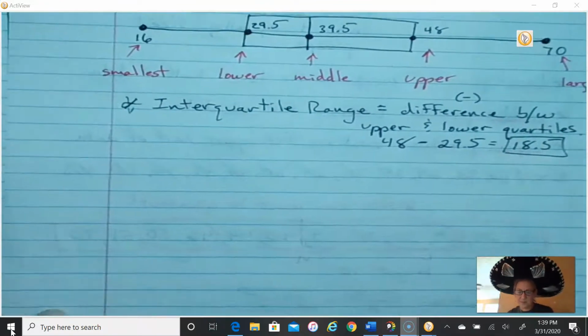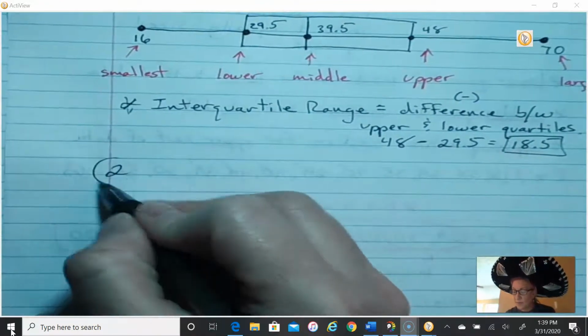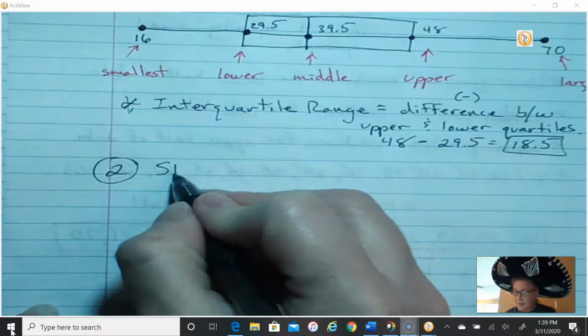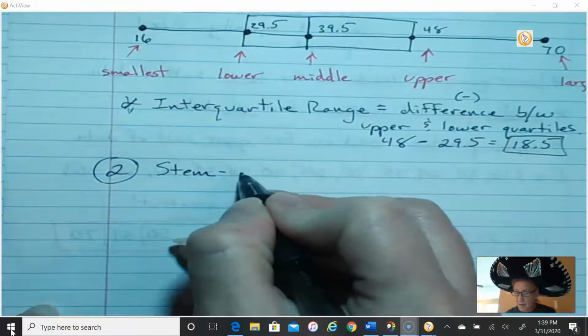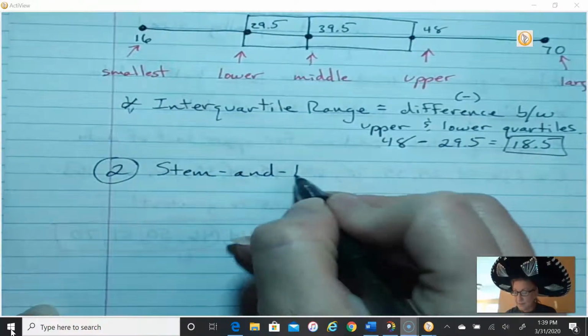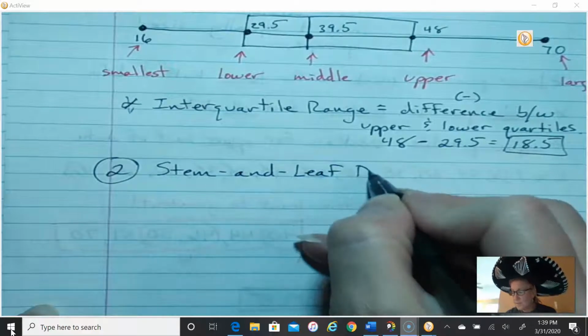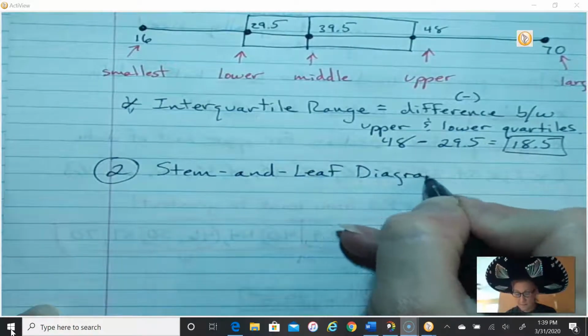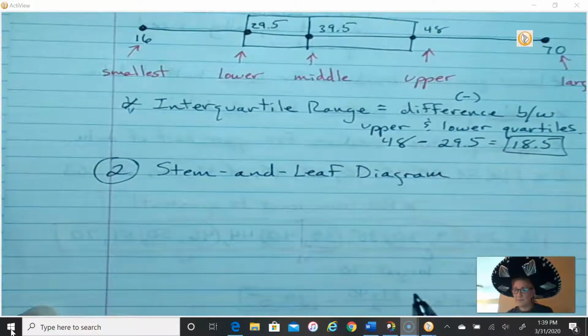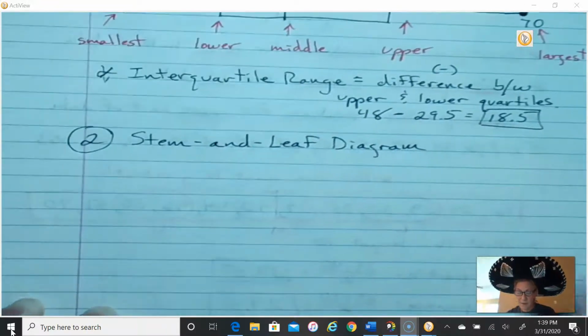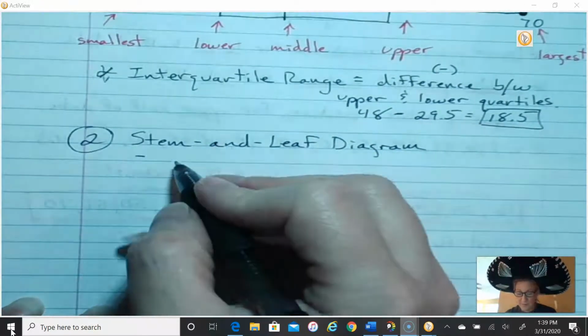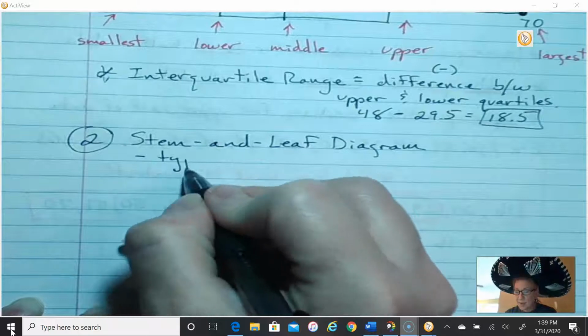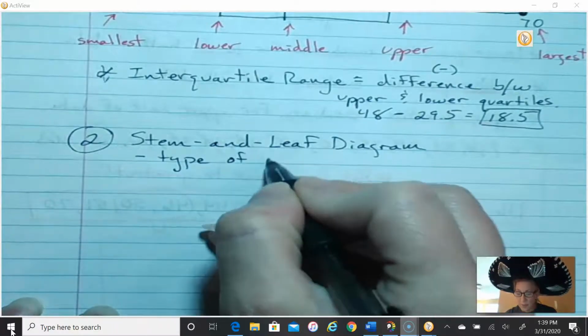All right. The second one we are going to talk about is the stem and leaf diagram. It's a type of bar graph.